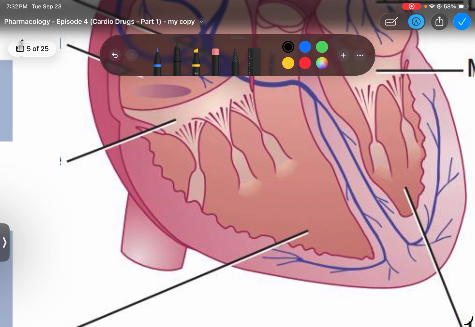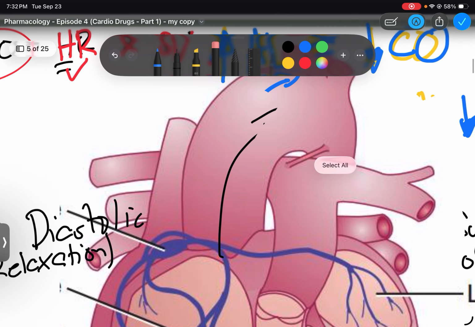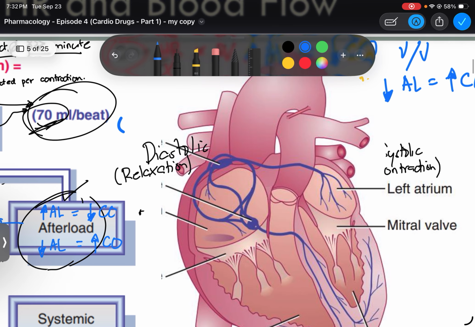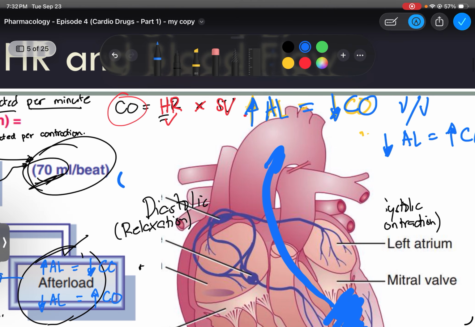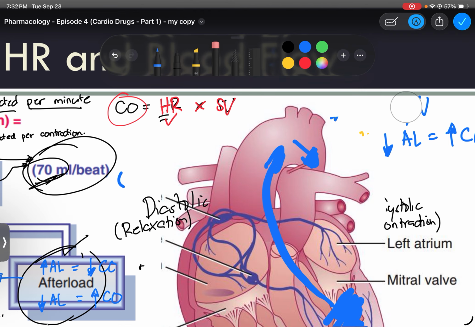For example, let's say the blood is here in the left ventricle. When it contracts, most of the blood will flow freely through your aorta. That's normal. It should be able to flow freely.